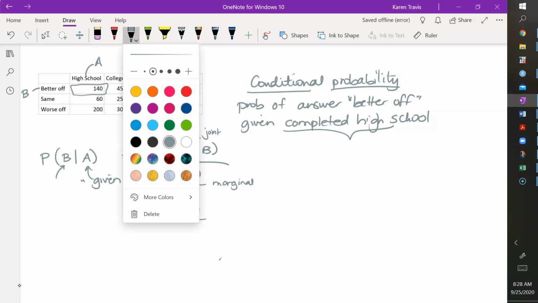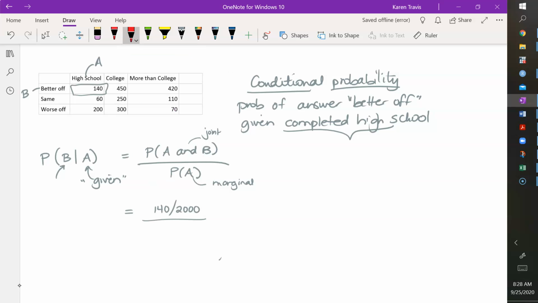So let's go back here and remind ourselves this total is 400 that completed high school. So the marginal is 400 out of 2,000, which means the chance of saying better off given they completed high school is 140 out of the 400.